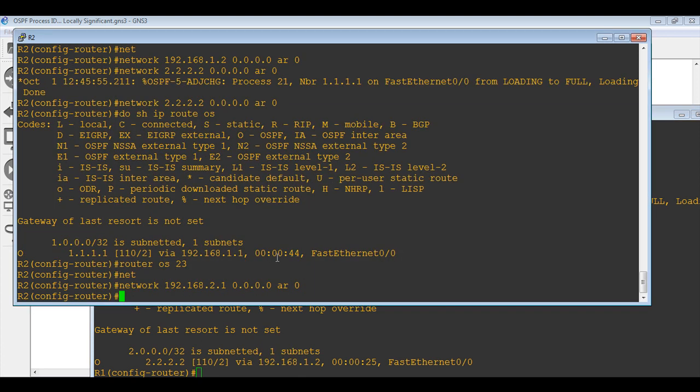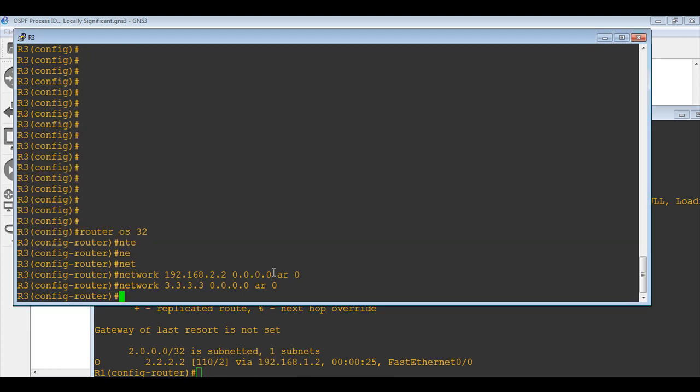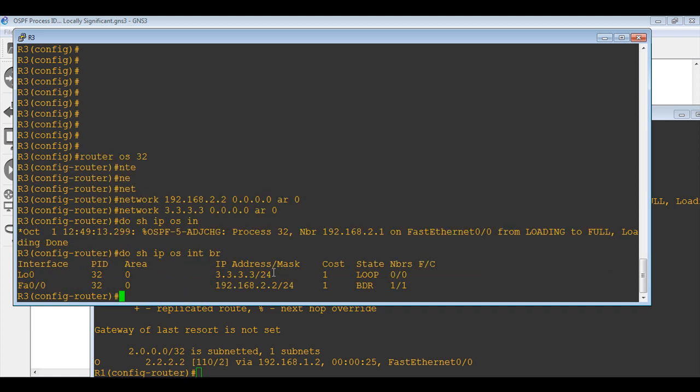So let us check using the show ip ospf interface brief. Okay, we see that OSPF is now up between router 3 and router 2. It just took some time for that.